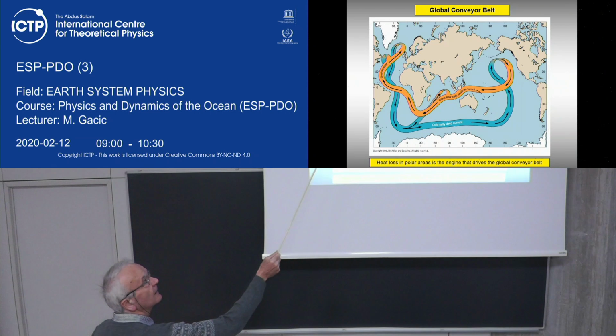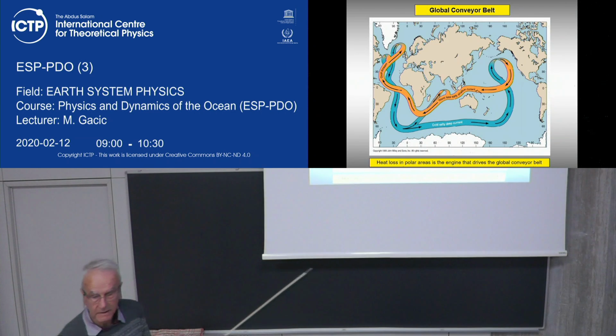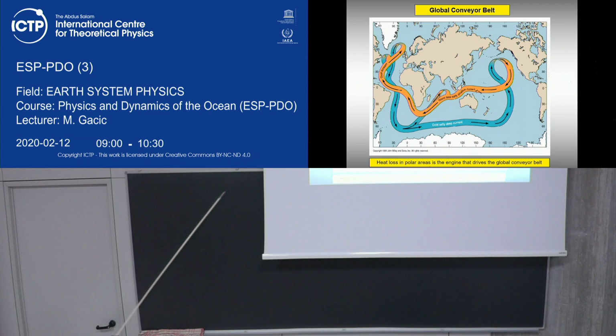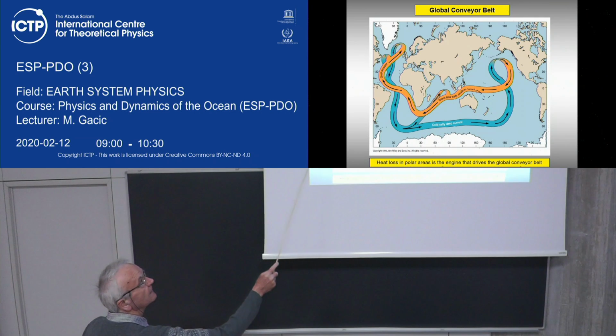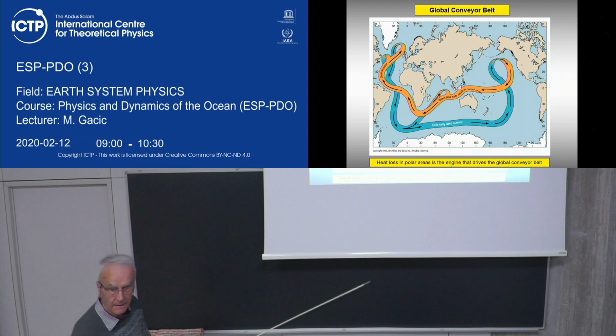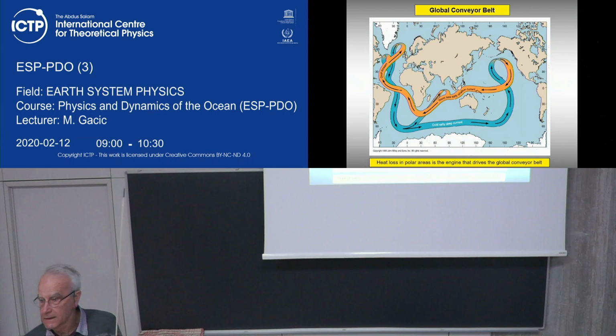And this has to be taken into account when we think about climate variability. If the salinity decreases here, for reasons we will see later, the signal of the decrease will take around 1,000 years to be felt all over the world ocean.